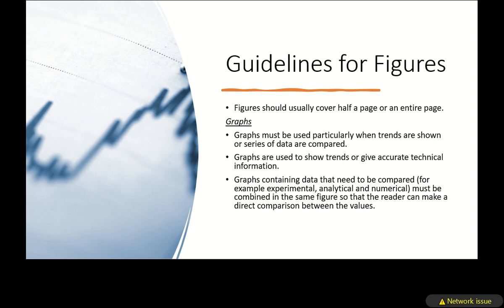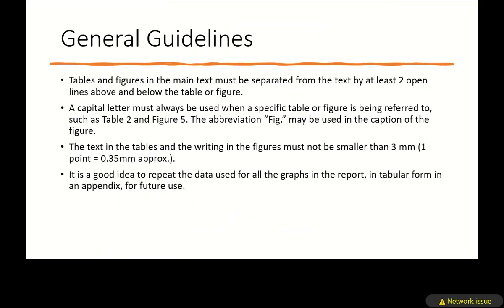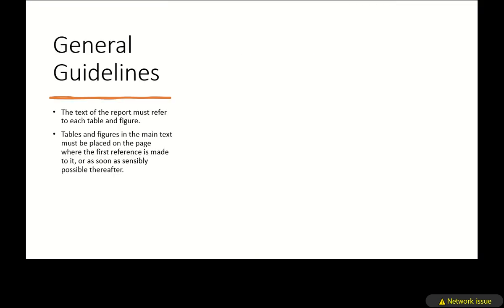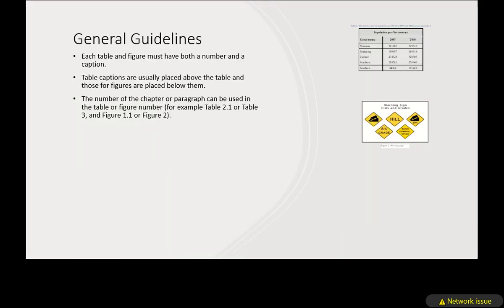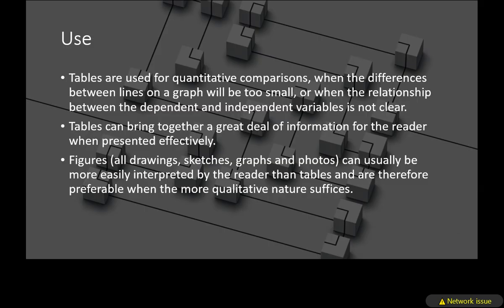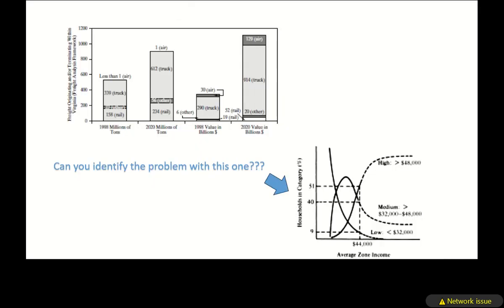If you are presenting a comparison between two data sets, it is more preferable to put them in the same graph. If you are comparing between 2 countries or 3 countries, plot their data in the same graph. I already showed you one figure where the comparison was done. See this one?